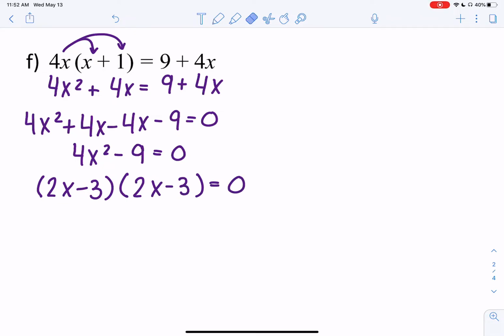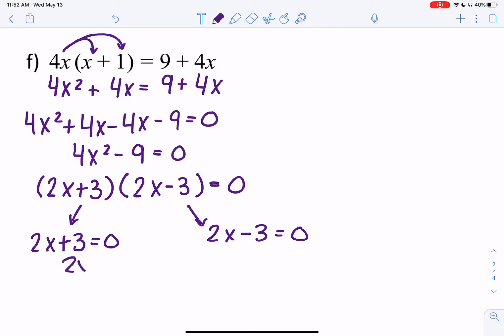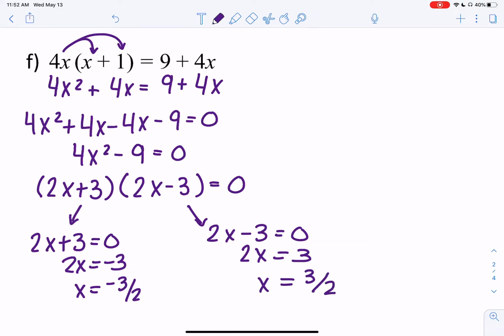Then I can set those both equal to 0. So our two answers will be negative 3 over 2 and 3 over 2.